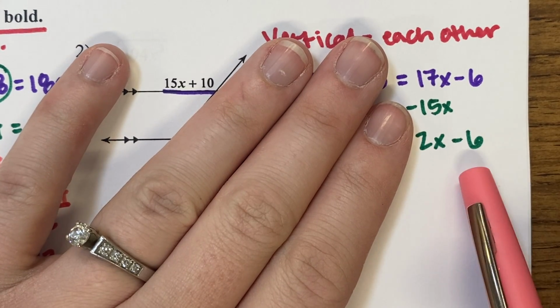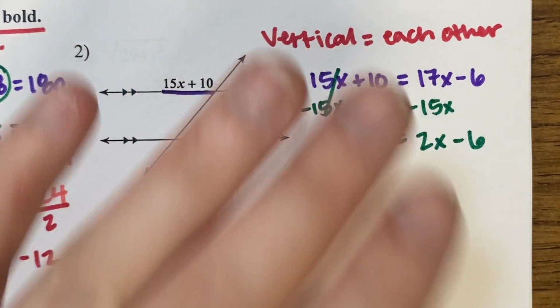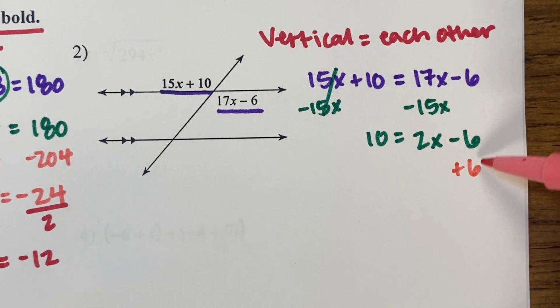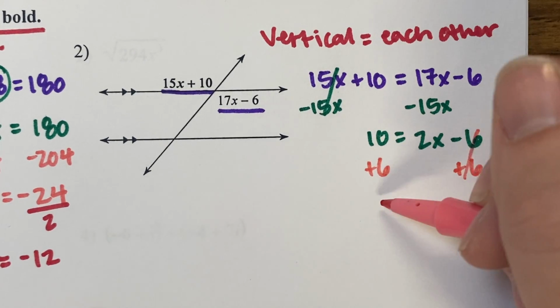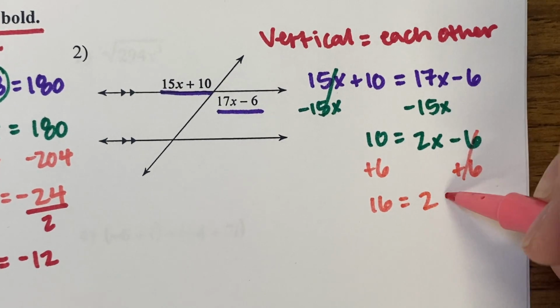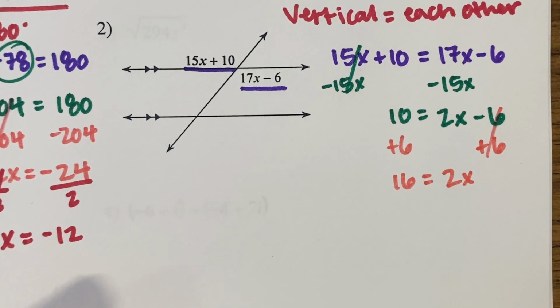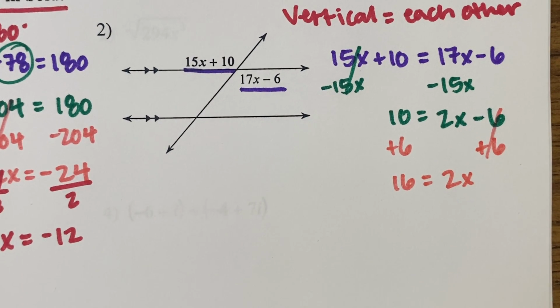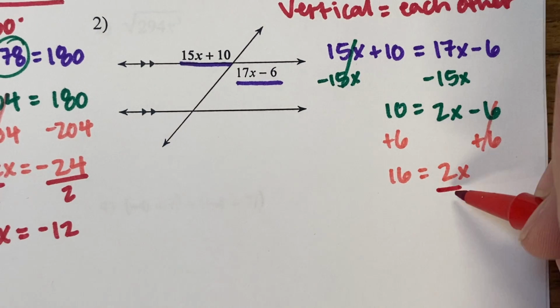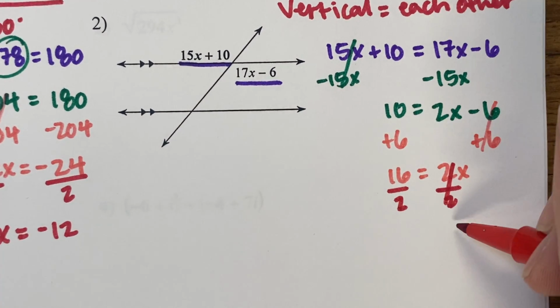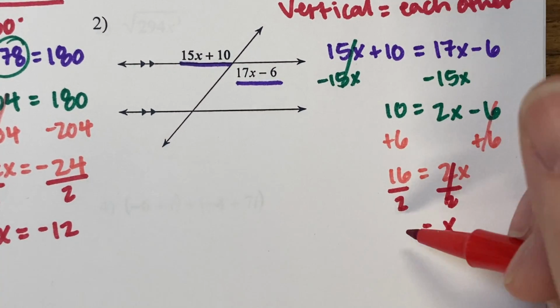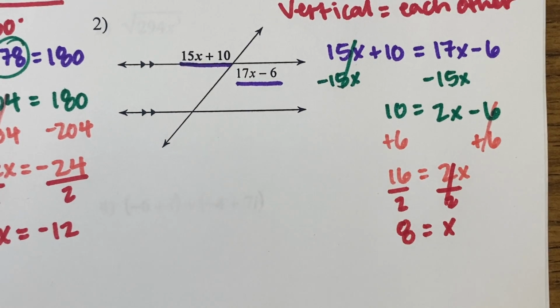The first thing I have to get rid of is negative 6. I do the opposite, which is to add 6 to both sides. 16 equals 2x, or 2 times something is going to give me 16. Last step, divide by 2. X is equal to 8.